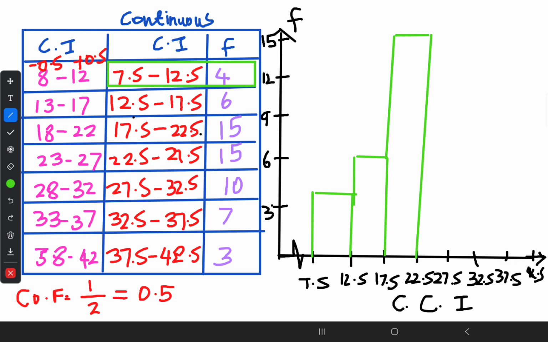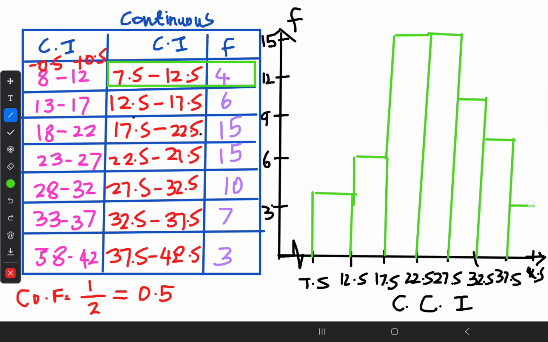Next one also 15, 22.5 to 27.5. Thereafter 27.5 to 32.5, it would be 10, a little above 9. Thereafter 32.5 to 37.5, 7, a little above 6. And then 37.5 to 42.5, it would be 3. Exactly here you can mark.